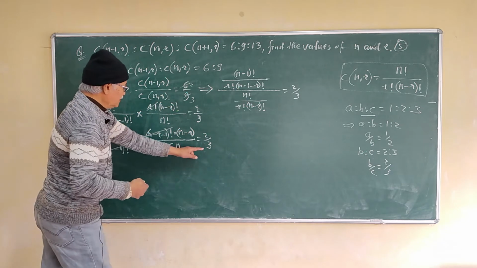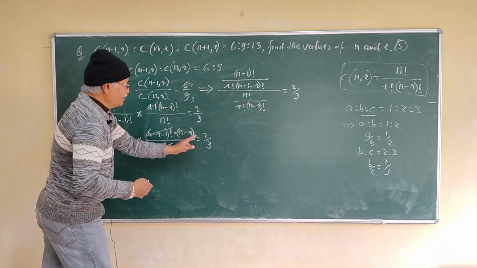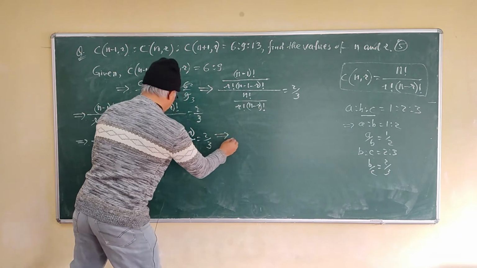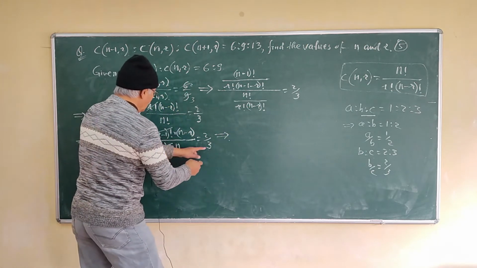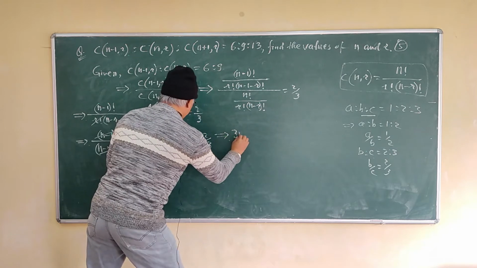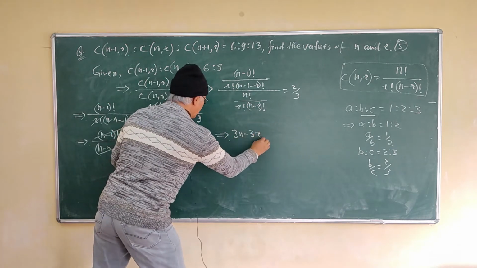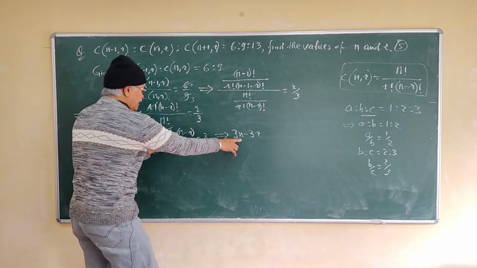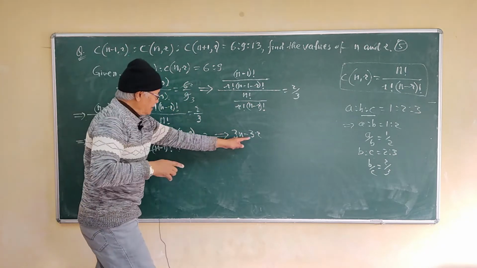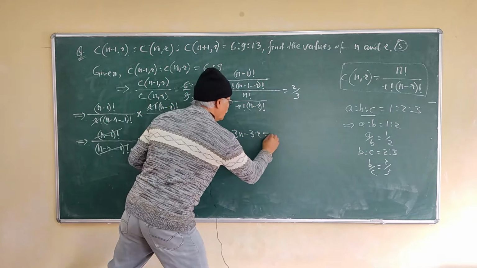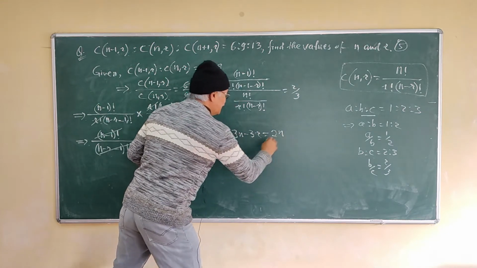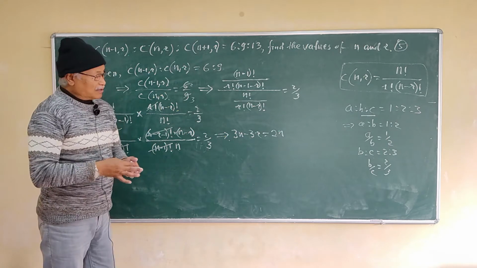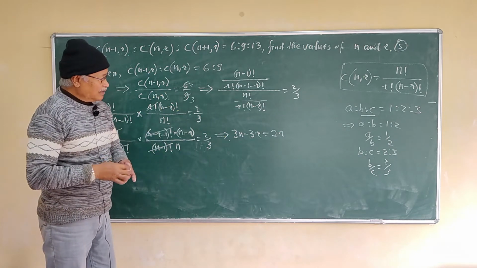Twice n will be 3n minus 3r. What have we done? You have cross multiplied. 3 into n is 3n, 3 into minus r is 3r, will be equal to twice n. So you have been able to establish the relationship between n and r.